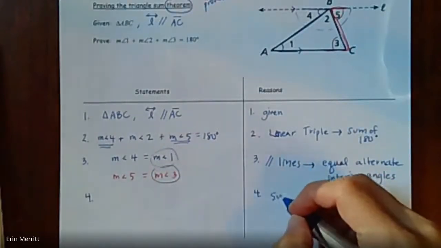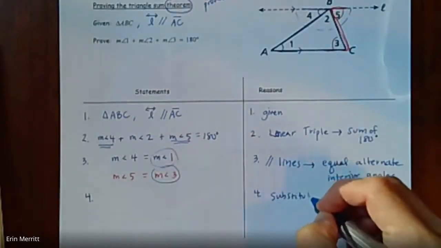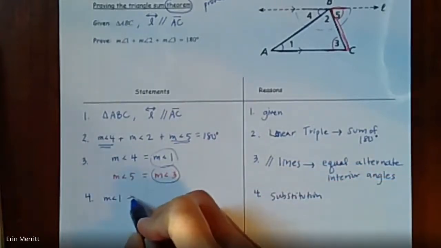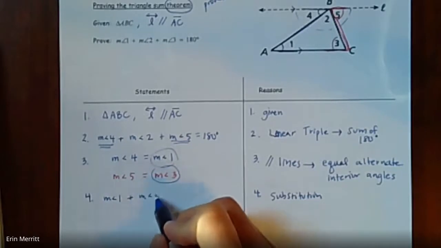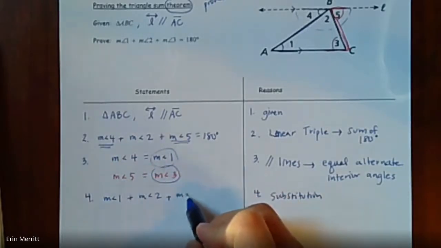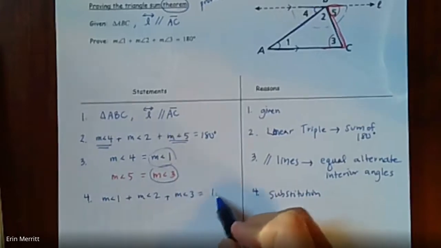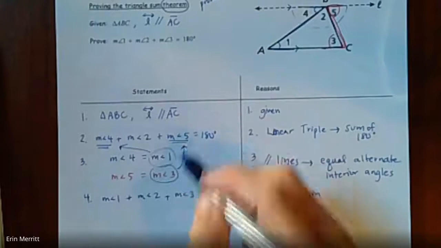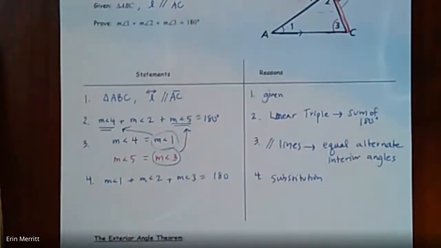So in place of 4, we put angle 1. We're not subbing anything in place of angle 2. Keep that. And then in place of angle 5, we're going to put in angle 3. So by subbing this in here and subbing that in there, we've actually proven what we wanted. We finished with the fact that those 3 angles add up to 180 degrees.